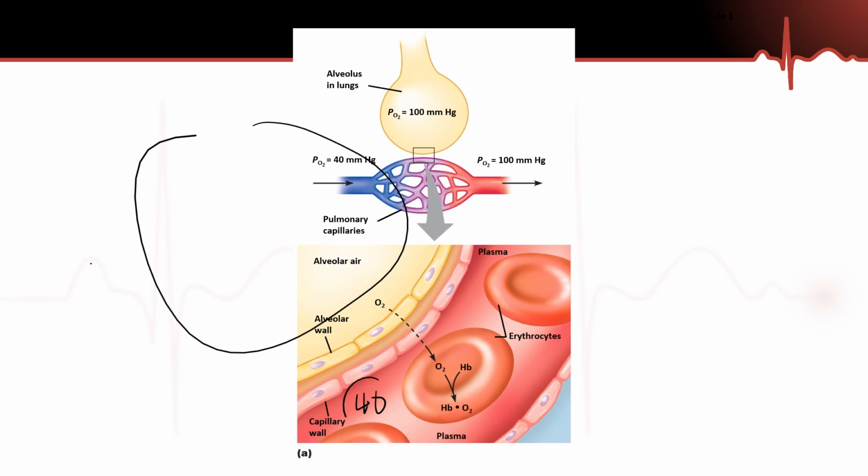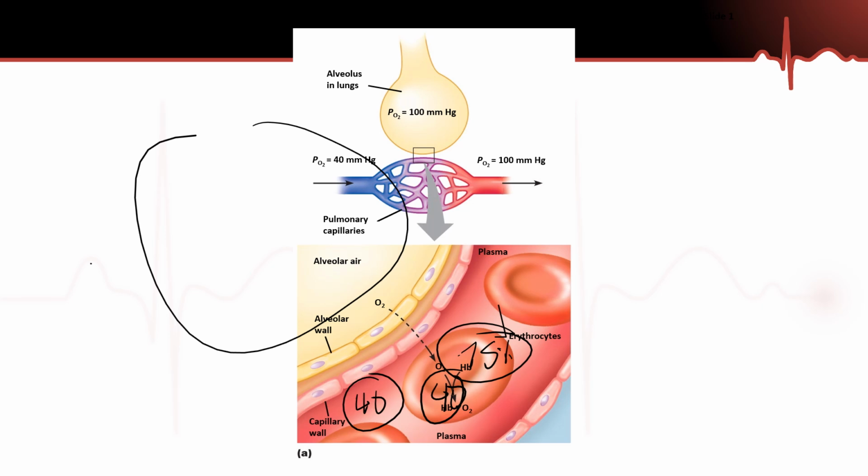Deoxygenated blood has a partial pressure of oxygen of 40 within the plasma, a partial pressure of oxygen of 40 within the intracellular fluid of the red blood cell, and the hemoglobin within the red blood cell is 75% saturated. This is what you saw at the beginning of the lecture, and I didn't explain to you how it was that way. But now you should realize how this happened. Deoxygenated blood is the way it is because of what happens as it goes past tissues in our body, as it travels through the capillaries of the systemic circuit.